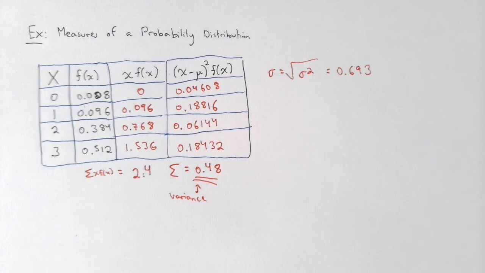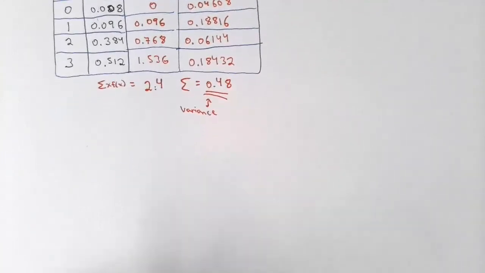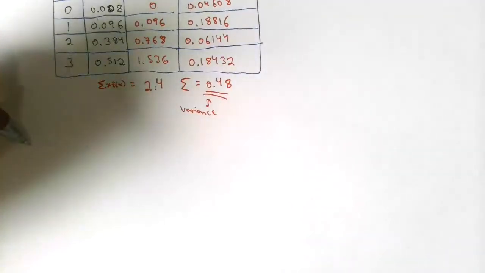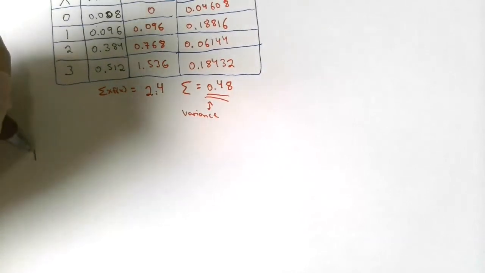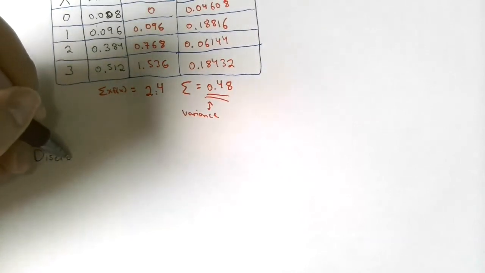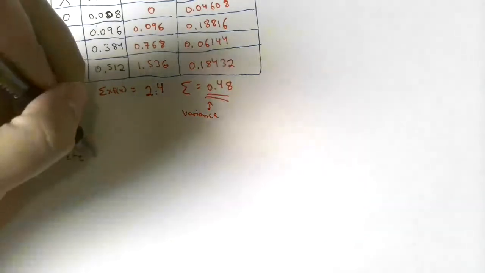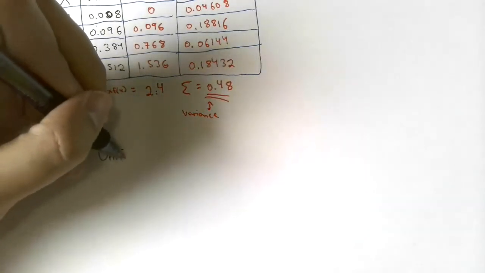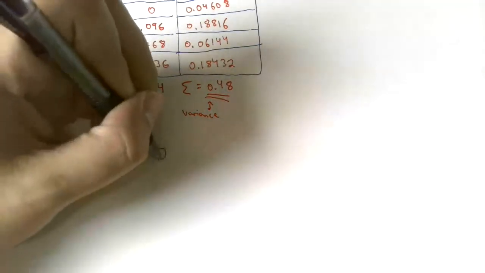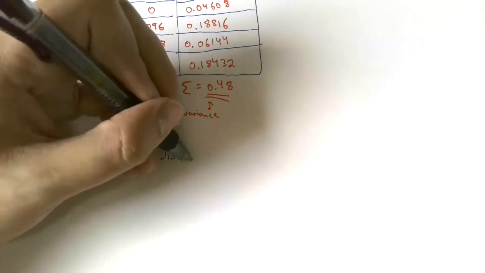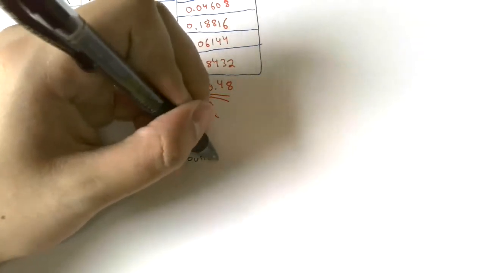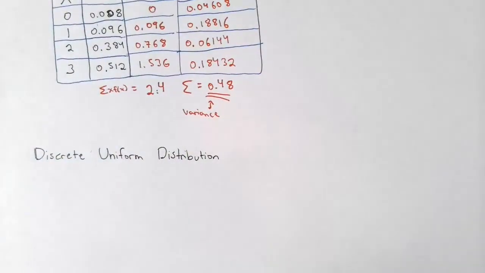Let's start with a uniform probability distribution. And just to make it a little bit more specific, let's say we're looking for a discrete uniform probability distribution. Keyword here is discrete because that means that our outcomes can be counted. In other words, I can say there are n outcomes, for example.